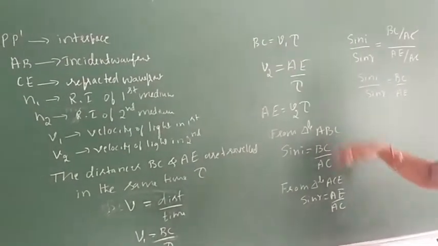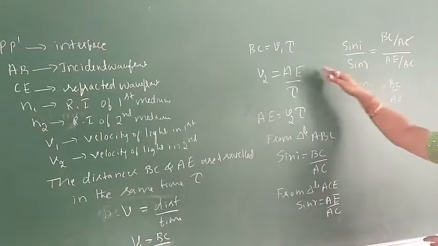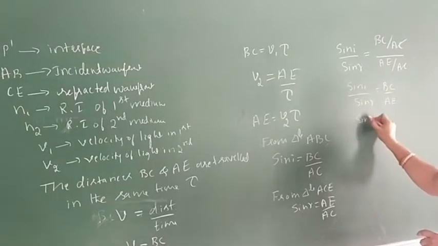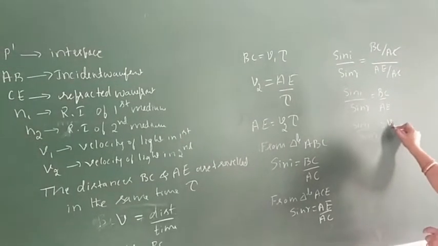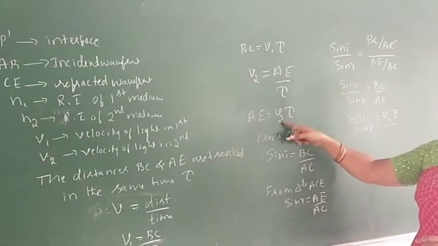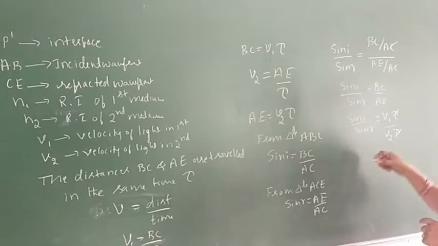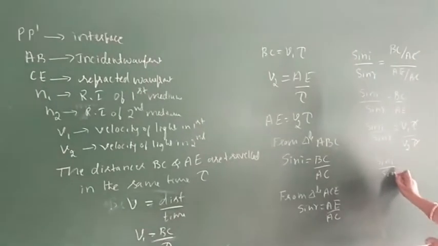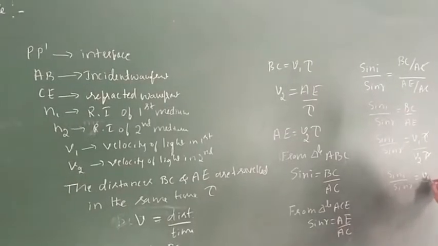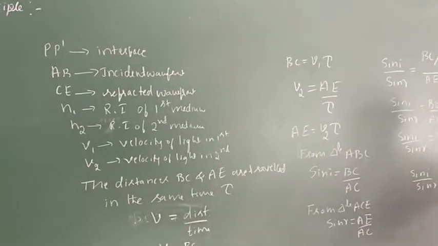What is BC? BC is V1 tau. Substituting, we get sin I by sin R is equal to V1 tau divided by AE, which can be written as V2 tau. The tau will cancel. Remaining sin I by sin R is equal to V1 by V2.